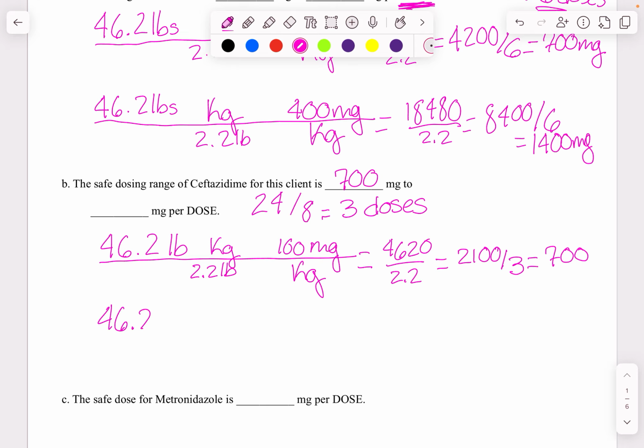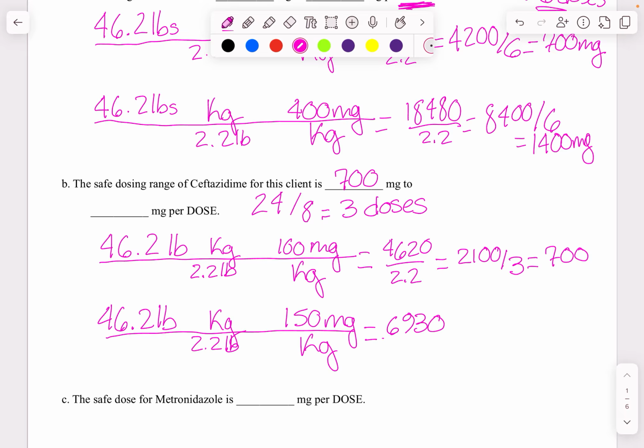And then we will do the high end, the 46.2 pounds, 2.2 pounds per kilogram, 150 milligrams per kilogram is 6,930 divided by 2.2 is 3,150.